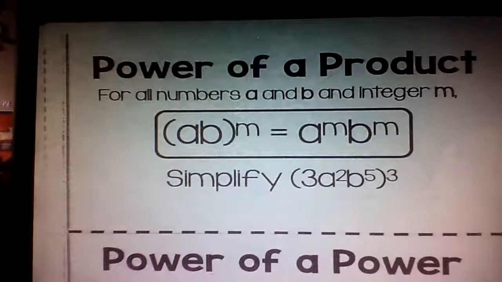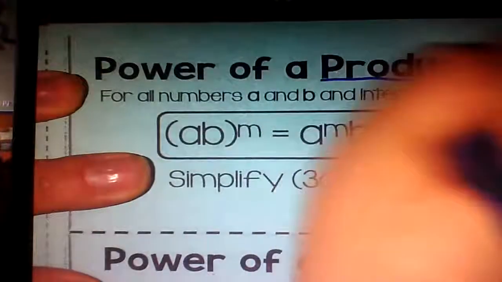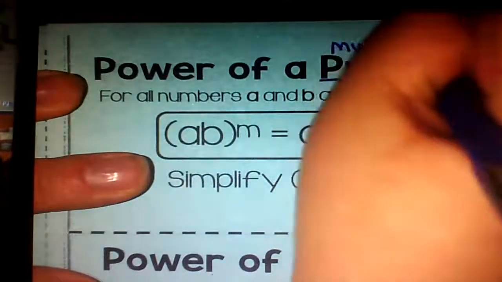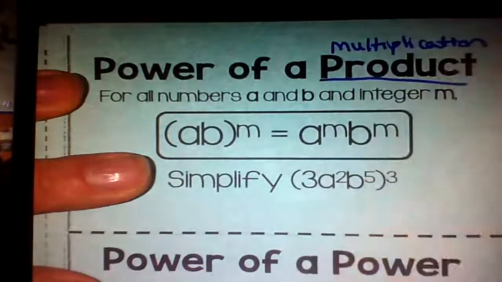First off, what does the word product mean? The answer of a multiplication problem. Okay, so this is telling me we have multiplication.